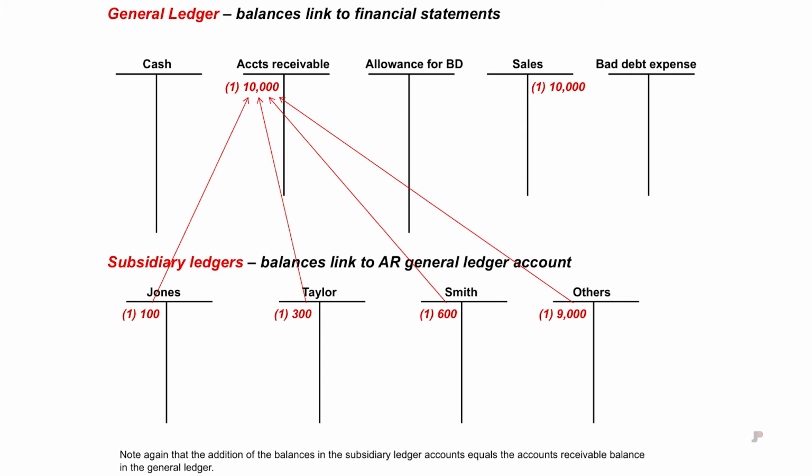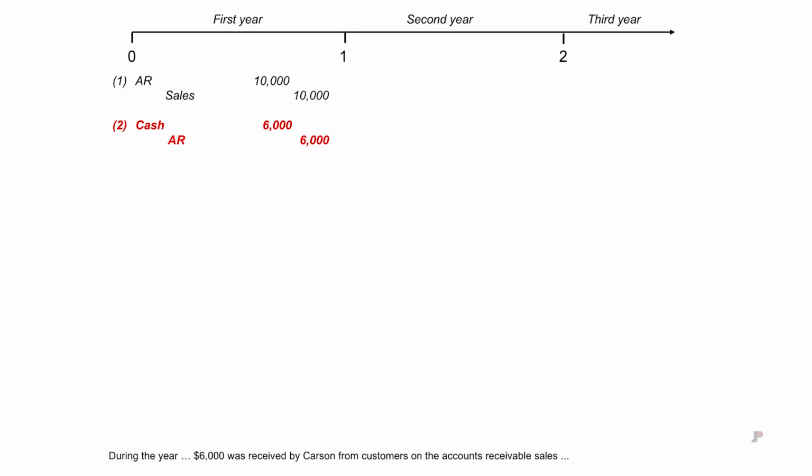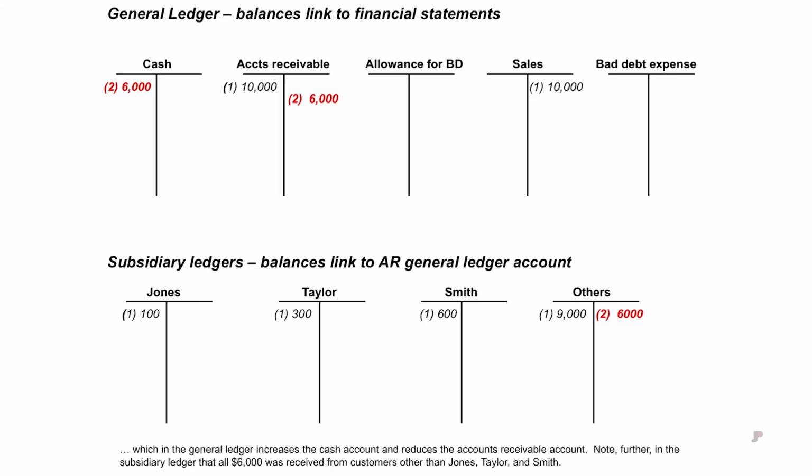During the year, $6,000 was received by Carson from customers on the accounts receivable sales, which in the general ledger increases the cash account and reduces the accounts receivable account. Note further in the subsidiary ledger that all $6,000 was received from customers other than Jones, Taylor, and Smith.